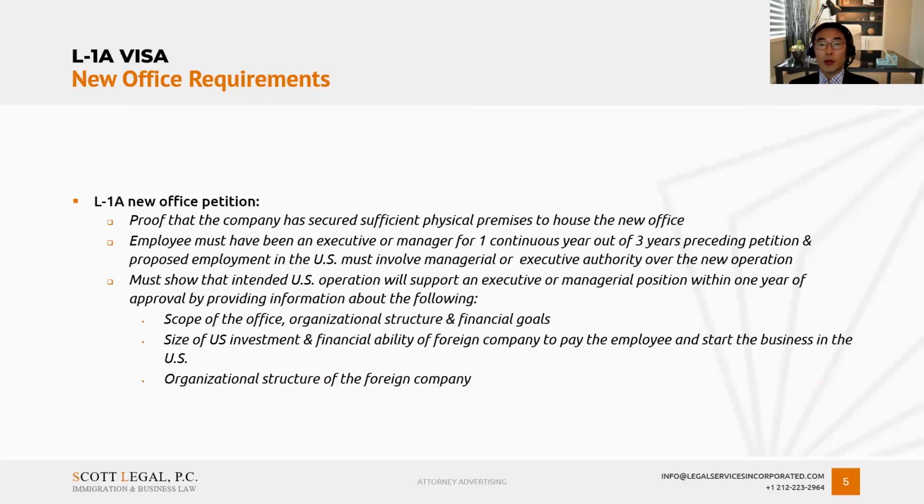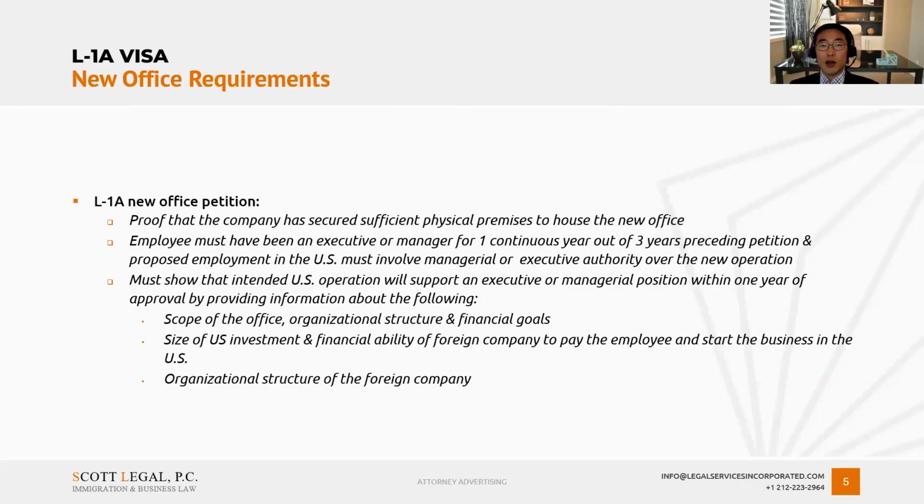One requirement is that you need to submit proof the company has secured sufficient physical premises to house the new office. This means USCIS wants to see evidence that the US company has a real physical office space, and that space is sufficient for the company's future hiring plans.